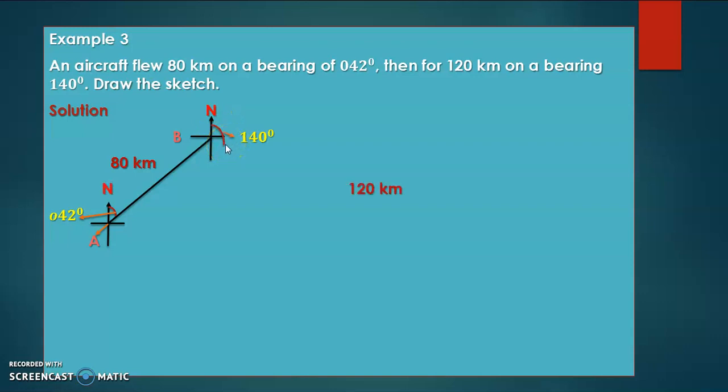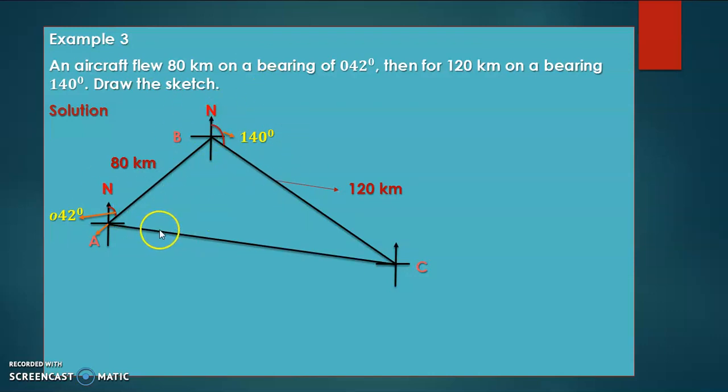And it now moves to another point downward here, to this particular point, which is, let's call that place point C. Now, from our question, we are given that the distance is 120 km, which is from point B to point C is 120 km. And the bearing is 140. So this is the sketch for this problem.